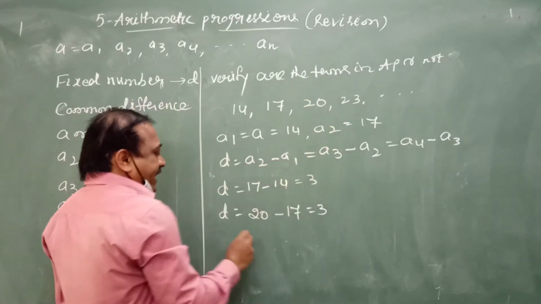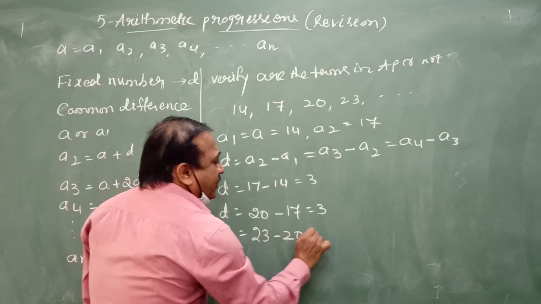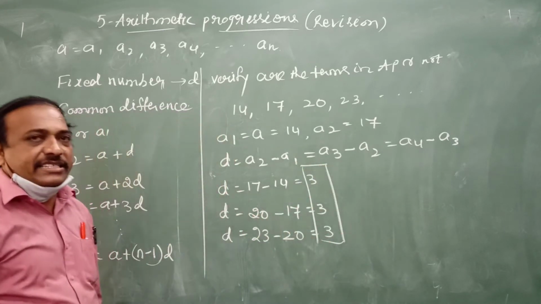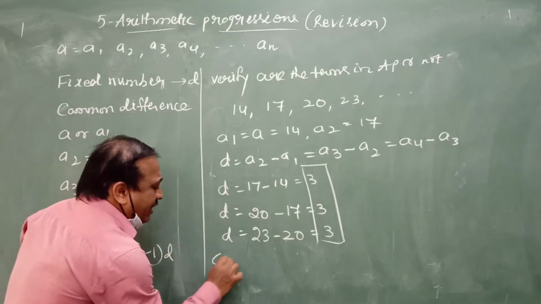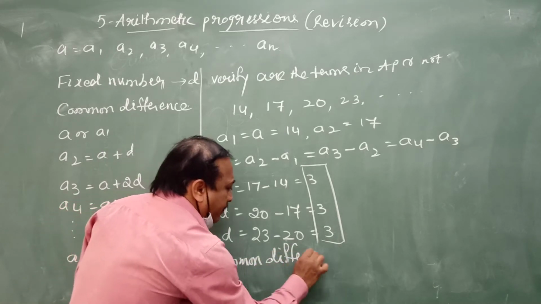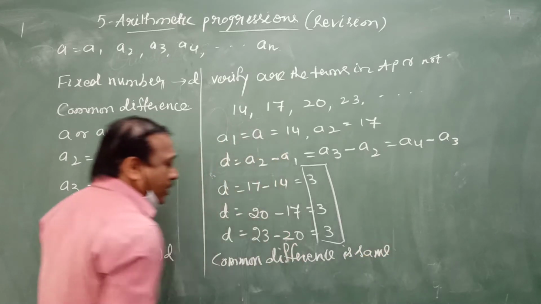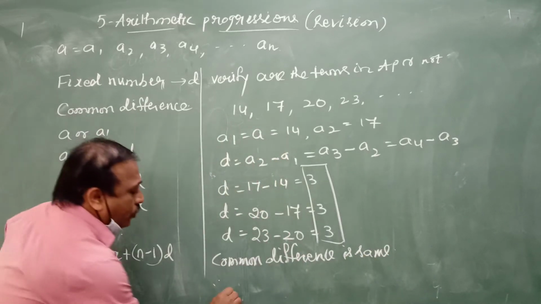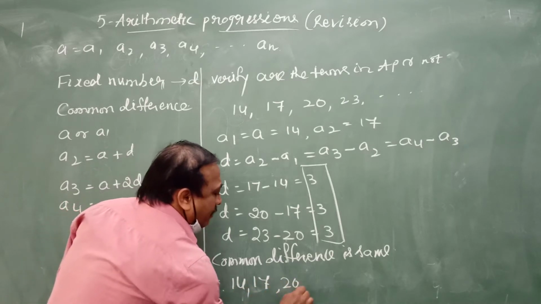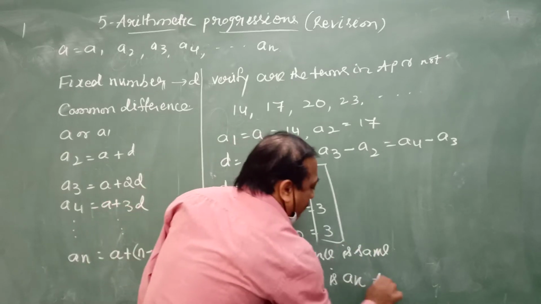A4 minus A3 is 23 minus 20, which is 3. In all the places the common difference is the same. Therefore 14, 17, 20, 23 is an AP.